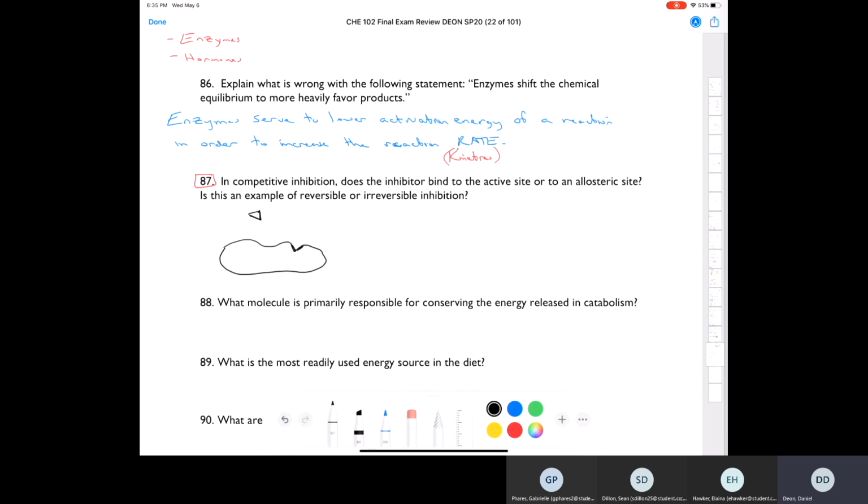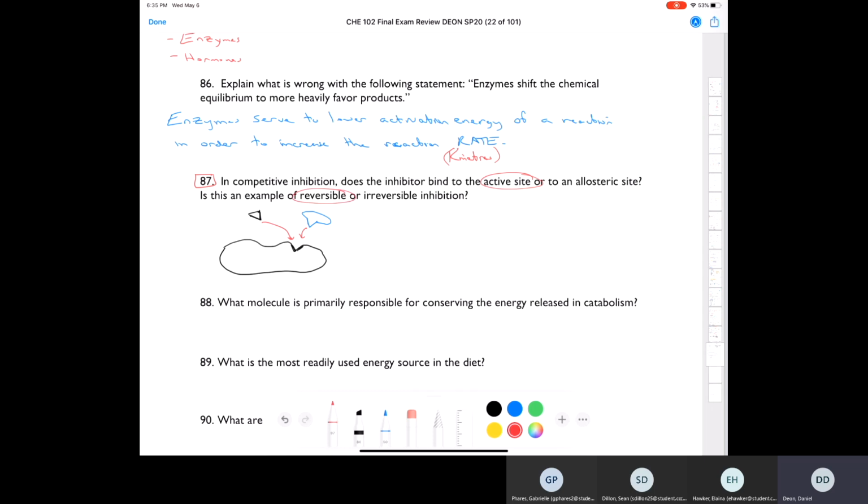But in competitive inhibition, we could also have another inhibitor, which might not be the exact same, but will also be able to fit into the active site. So the battle becomes a competition between those two. So in competitive inhibition, it's going to bind to the active site. And this is an example of reversible inhibition, right?